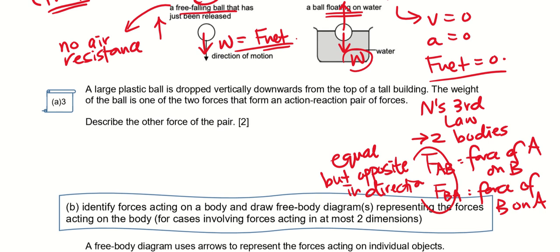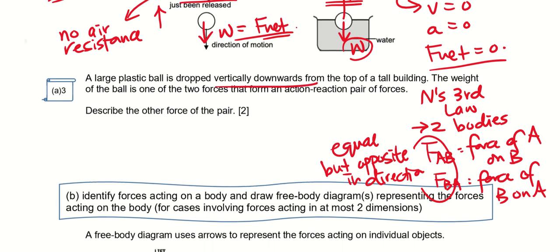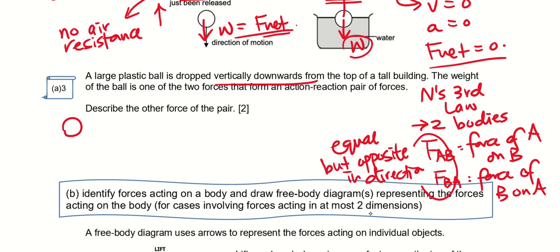So a large plastic ball is dropped vertically downwards from the top of a tall building. So this is a plastic ball. The weight of the ball is one of the two forces that form an action-reaction pair. Whenever you see action-reaction pair, it refers to Newton's third law. Okay, so now the weight is a force acting on the ball. But what causes this weight?